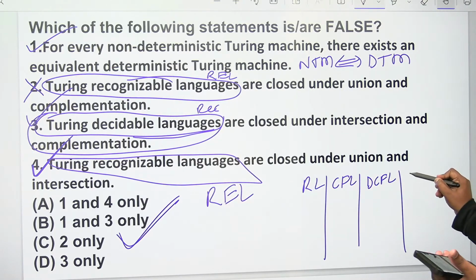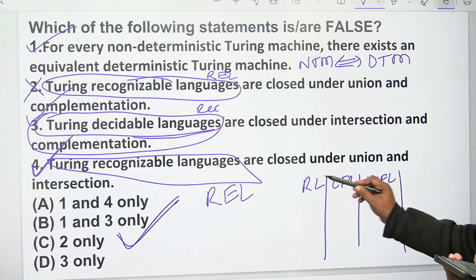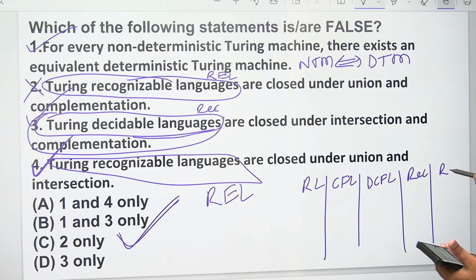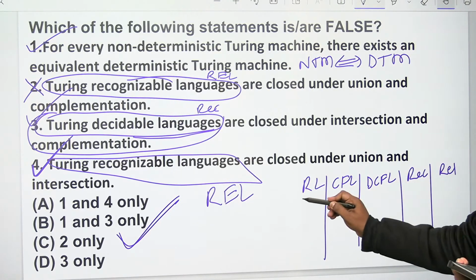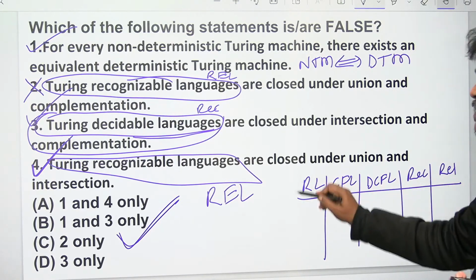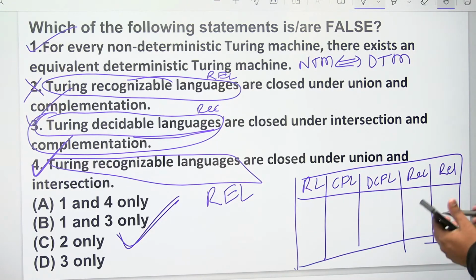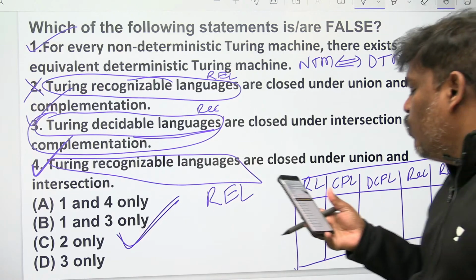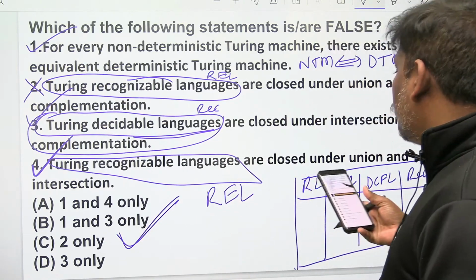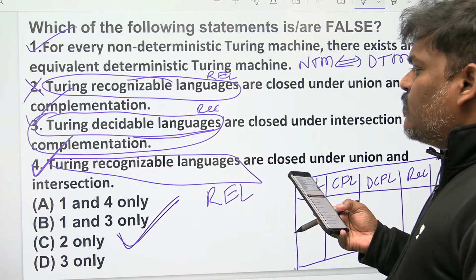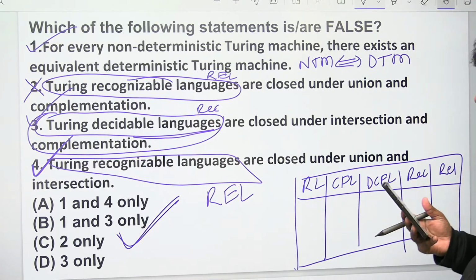CSL is actually not required. Then REC and REL. Please learn the closure properties of these five. You will definitely get a few questions from this.